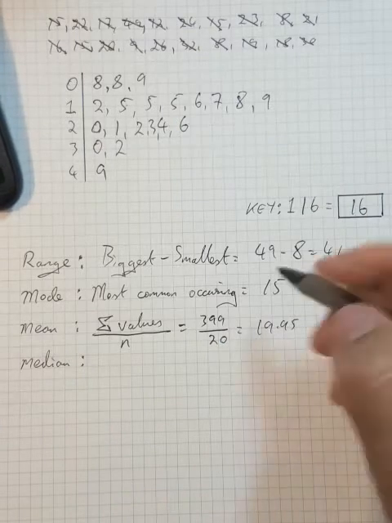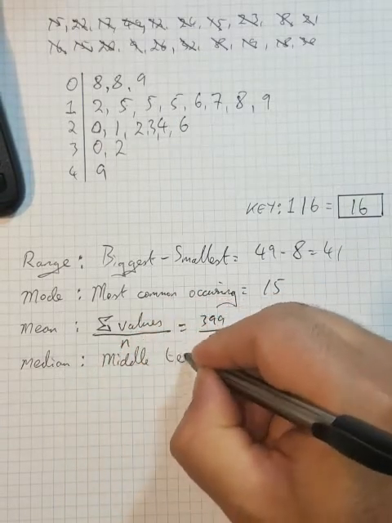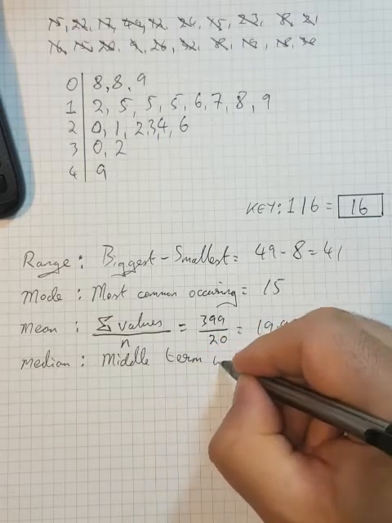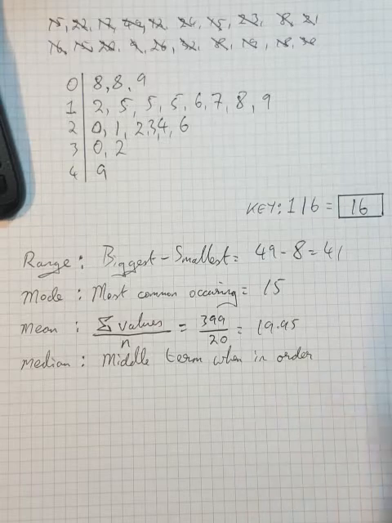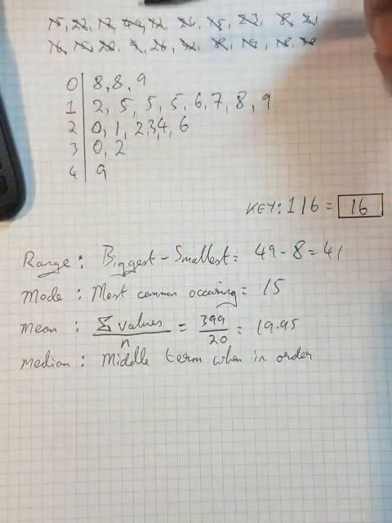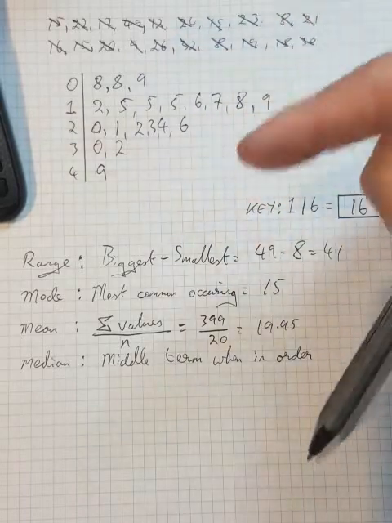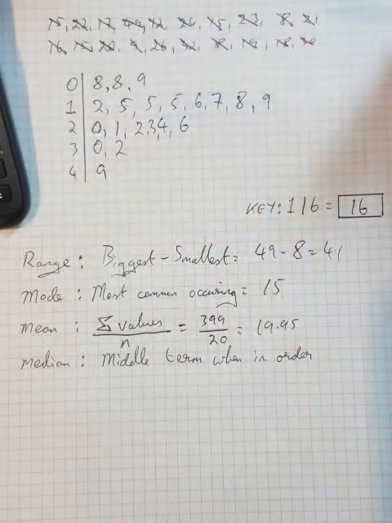Now, for the median, it is the middle term when in order, okay? So, we have 20 values here. Because we have an even number of numbers, there is no one middle number in here. There's actually 2. Okay.